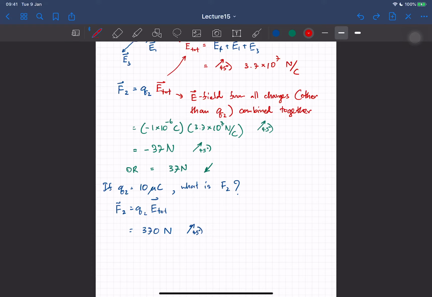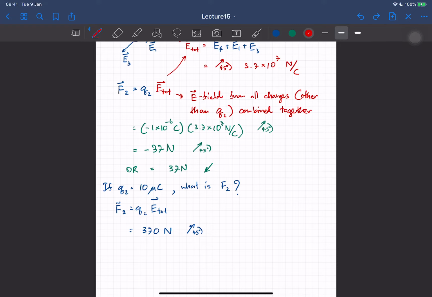Most of the time in our daily life we don't see electron or proton because it's just so small, right? So most of the time we deal with a little bit larger object, like a sheet of metal, or a spherical ball of metal, or some non-metal like insulator or something like that.